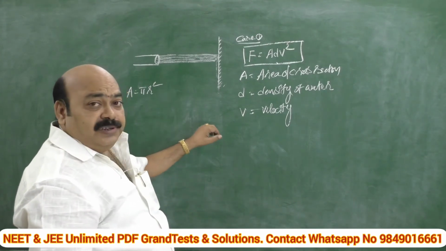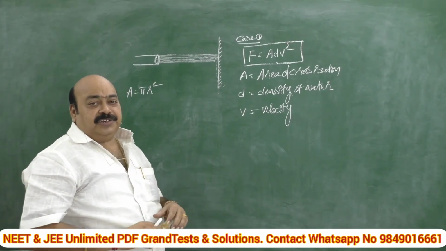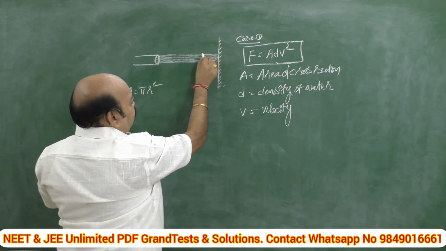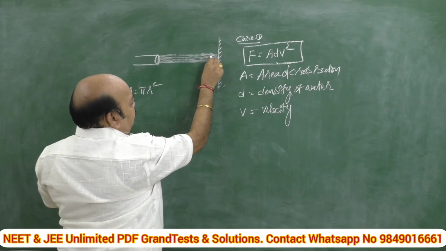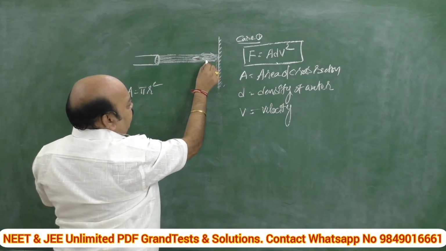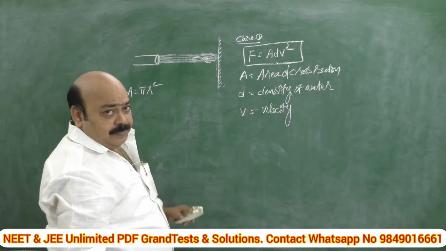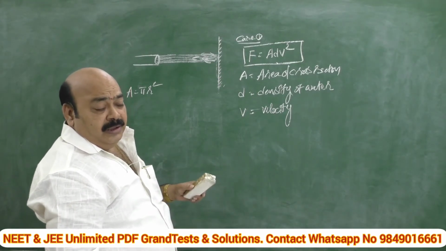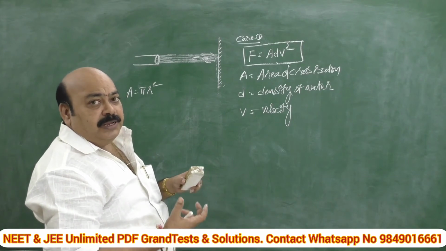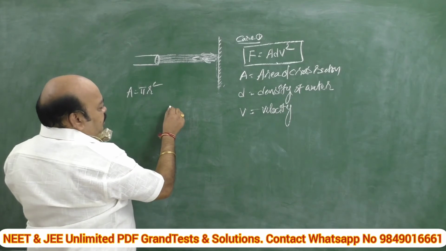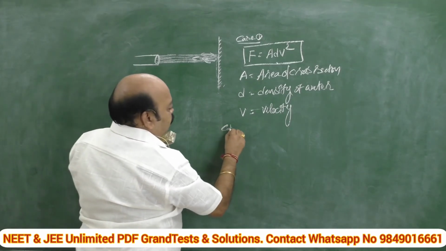Check this case, a small change. After hitting the wall, if the water rebounds, that means they strike the wall and once again rebound with the same speed. As we discussed in the previous case, when the sphere strikes a metal plate and rebounds, here the force exerted on the wall is case 2.